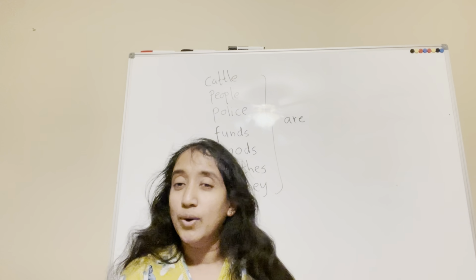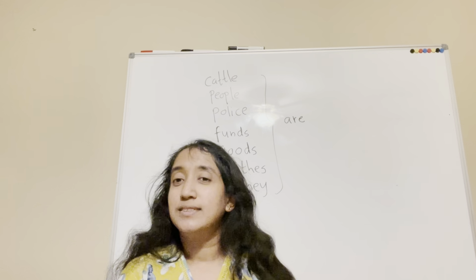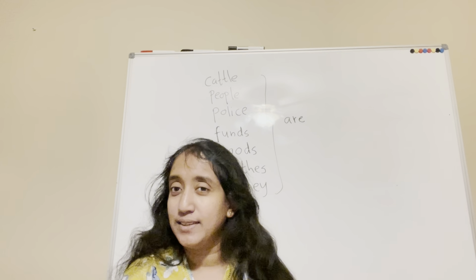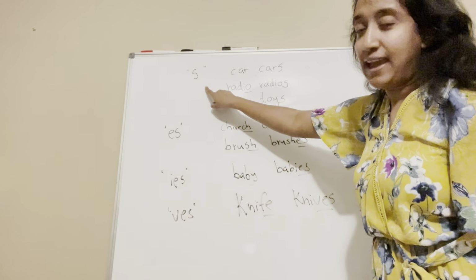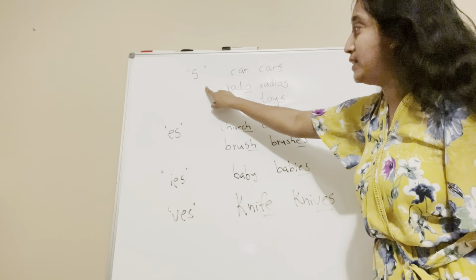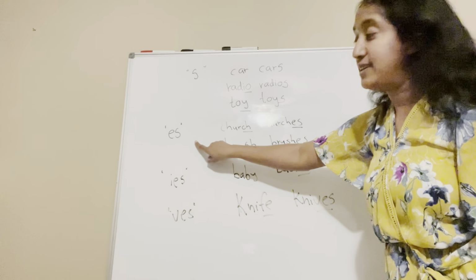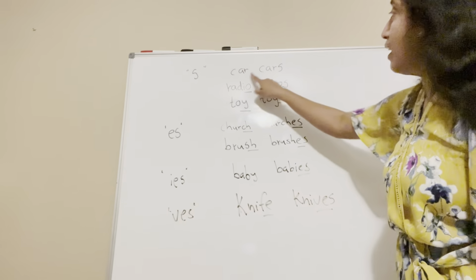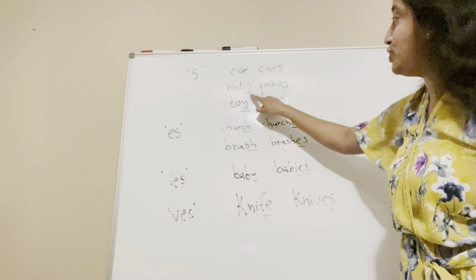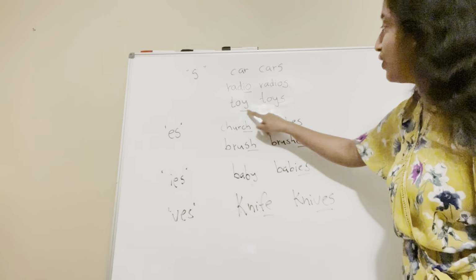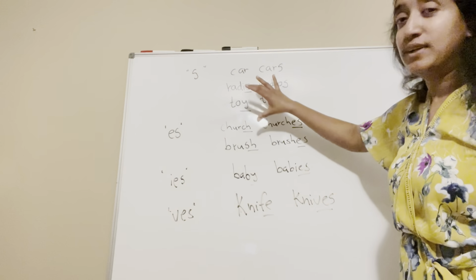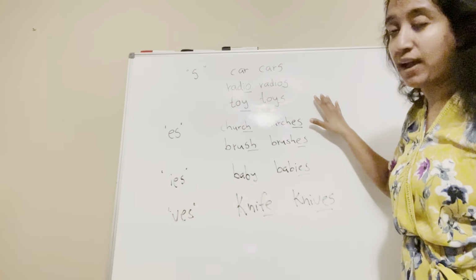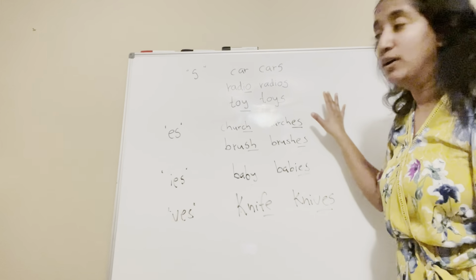Okay, I will summarize this on the whiteboard again. We can add s to make a word plural. We can add es, ies, or ves. Car, cars. Radio, radios. Toy, toys. So there are some rules that we have to keep in mind when we make them plural.